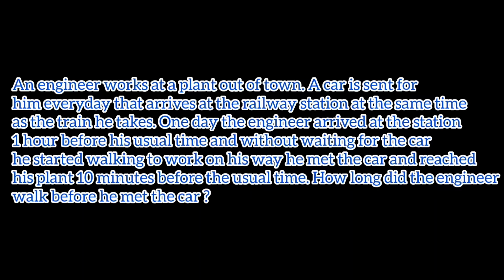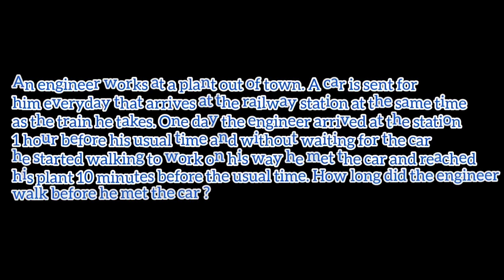One day, the engineer arrived at the station 1 hour before his usual time and without waiting for the car, started walking to work. On his way, he met the car and reached his plant 10 minutes before the usual time. How long did the engineer walk before he met the car?